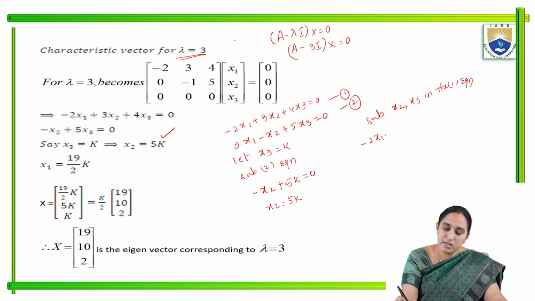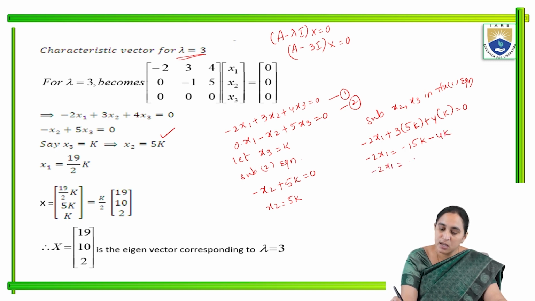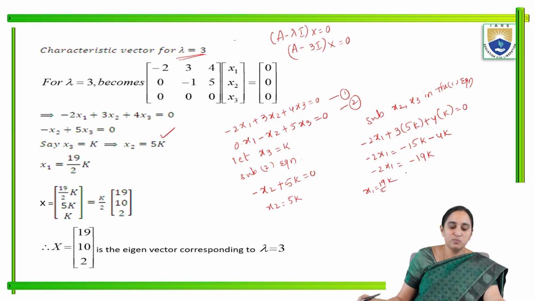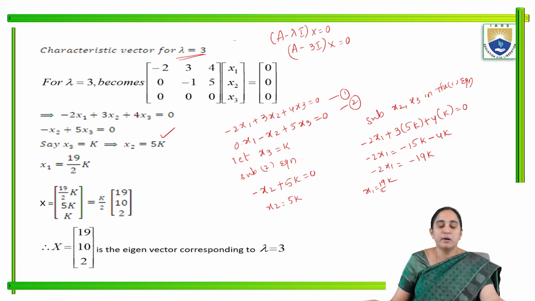That is minus 2x1 plus 3 into 5k plus 4 into k is equal to 0. From that, minus 2x1 is equal to minus 15k minus 4k, that is minus 19k. Therefore, x1 is equal to 19 by 2 k.